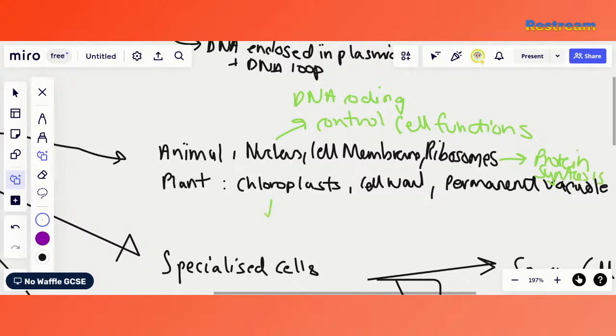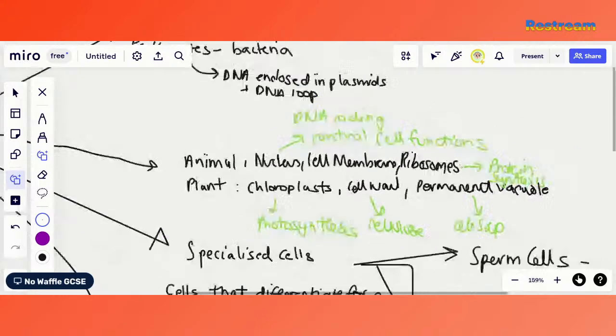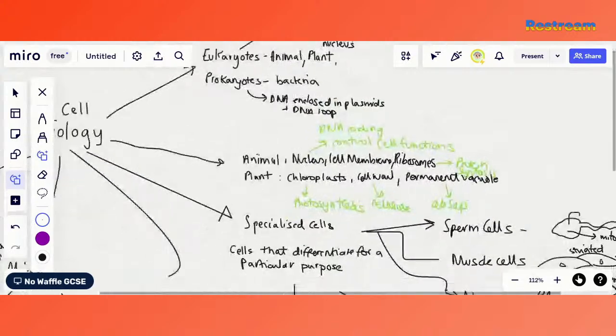Now, chloroplasts are where photosynthesis takes place because of the green pigment called chlorophyll. The cell wall contains cellulose, and it strengthens the cell so that more water can be taken up by osmosis. And the permanent vacuole contains cell sap, which helps increase the rigidity of the cells.